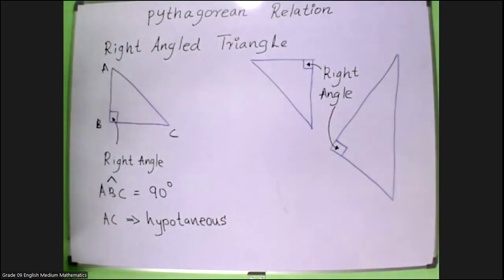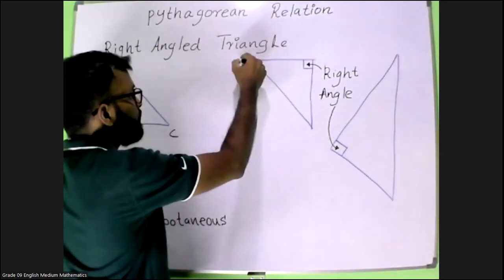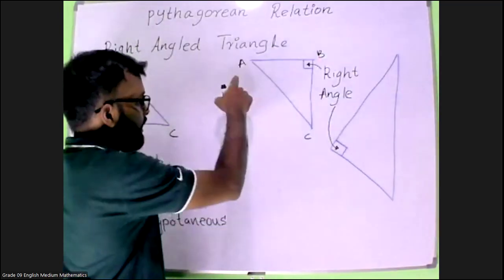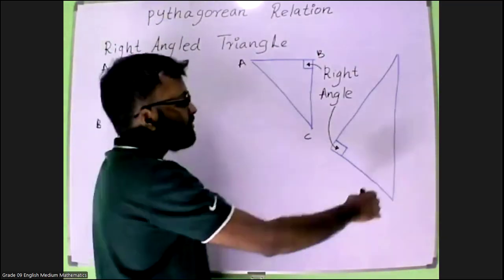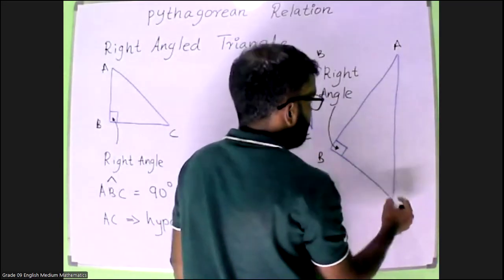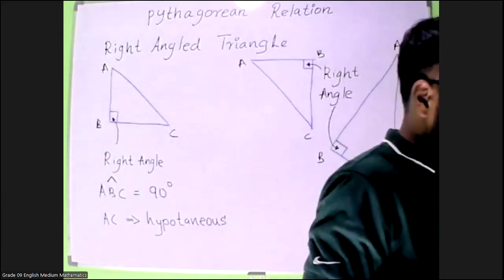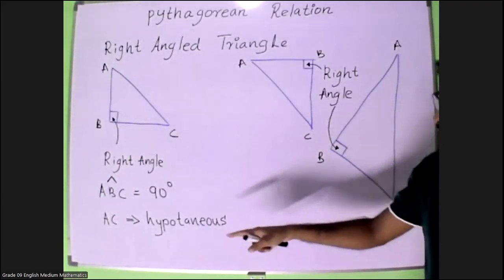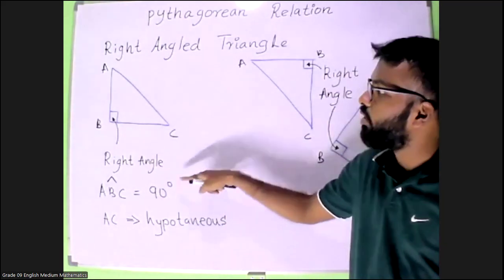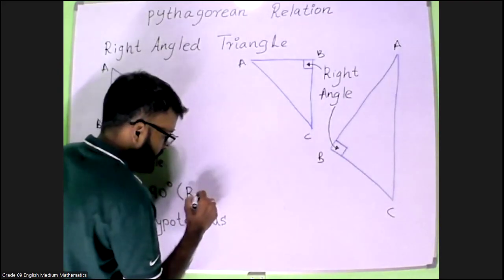So if I draw the same thing here, A, B, C. AC is our hypotenuse. Angle ABC is always 90 degrees. So 90 degrees is called a right angle, right? Another name for this is right angle.